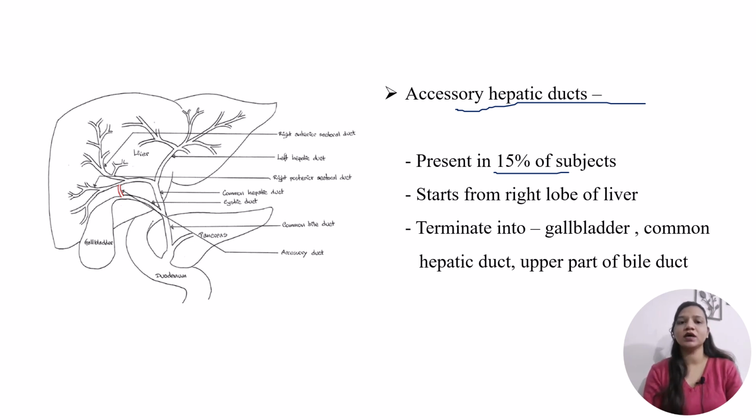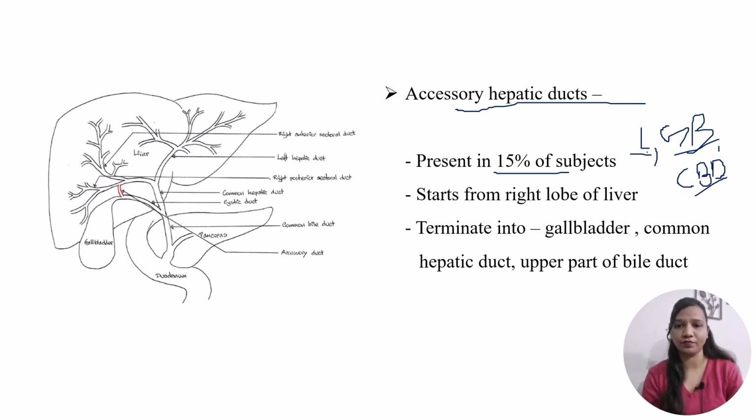So what exactly happens? As the liver, gallbladder and common bile duct, as these three structures develop or grow during early stages of development, small ductal channels are formed during the growth of these three structures, which are the liver, gallbladder and common bile duct.